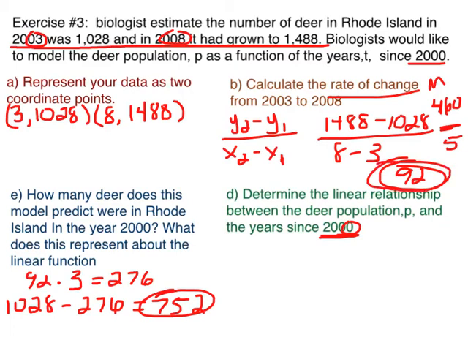So if I wanted to write that out, it is going to be population of deer equals 92 times my t, which is my year, plus 752. Remembering that this is my starting point, this is my slope. And because my deer are increasing in population, that is a positive 92. Now, if this question said they are losing deer population, that would be negative 92.